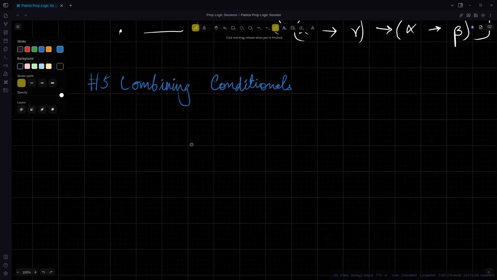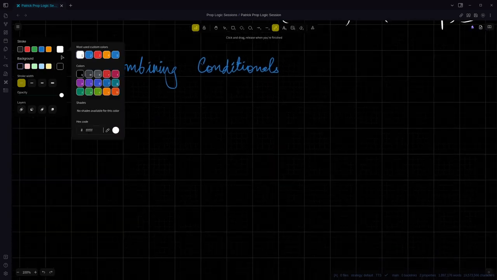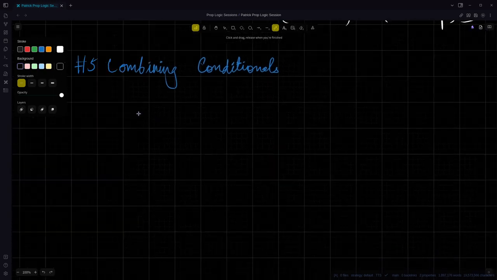Now this is also pretty straightforward. It looks like alpha, it's got a long proof in the book. Oh, okay.